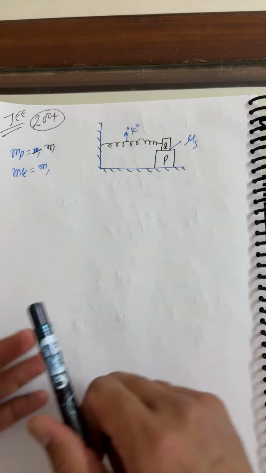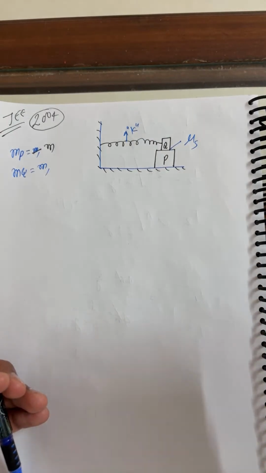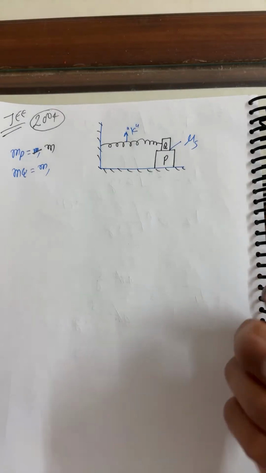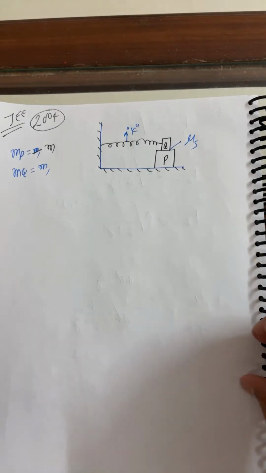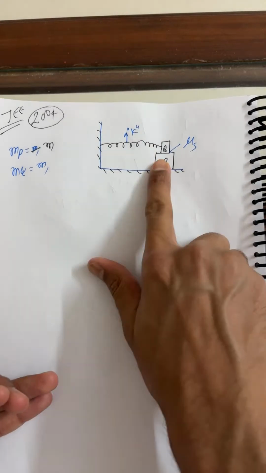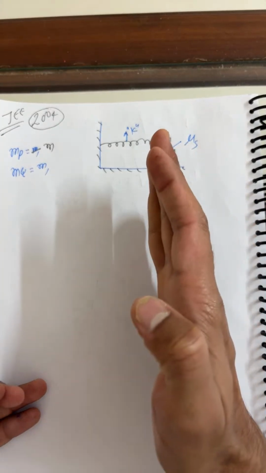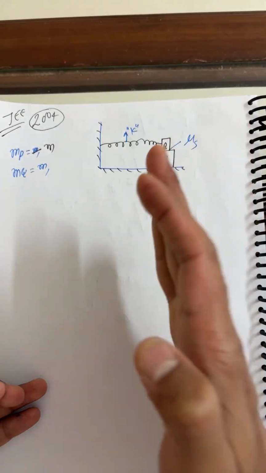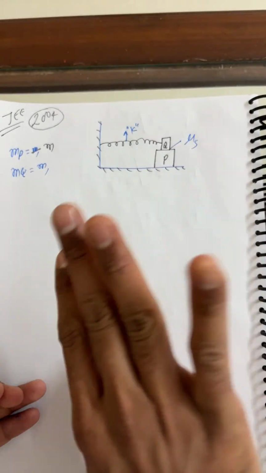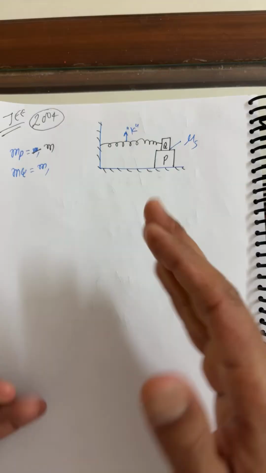The blocks are pulled by a distance A, capital A meaning amplitude. Block Q oscillates without slipping. There is no slipping at all. If the blocks are pulled by a distance A, then block Q oscillates without slipping.